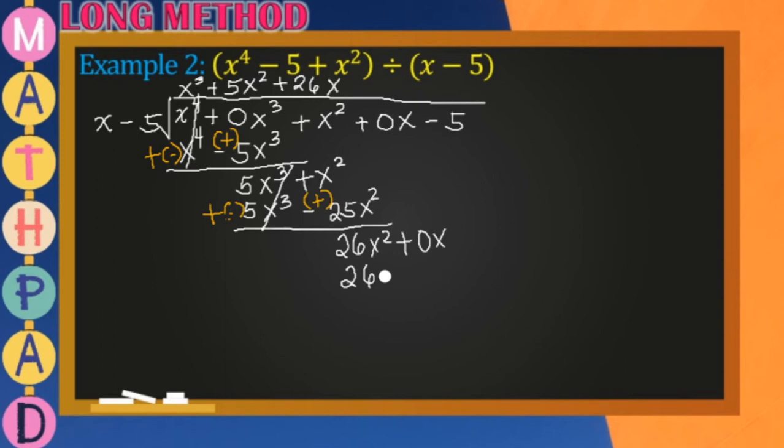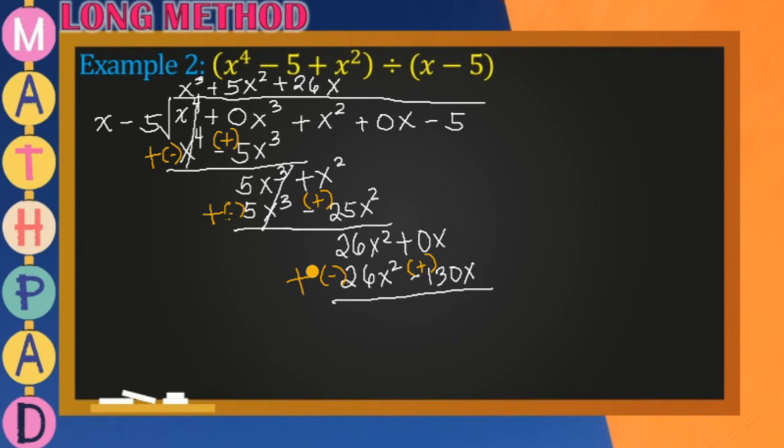Okay. And then, again, we have to change the sign of our subtrahend. So this will be negative. This will be positive. Okay, then add. Now, 26x squared plus negative 26x squared is 0.